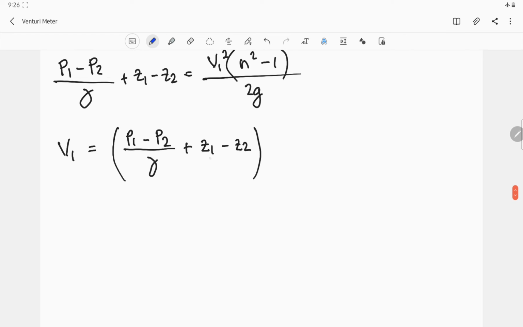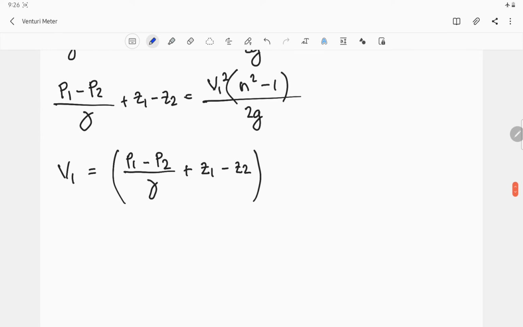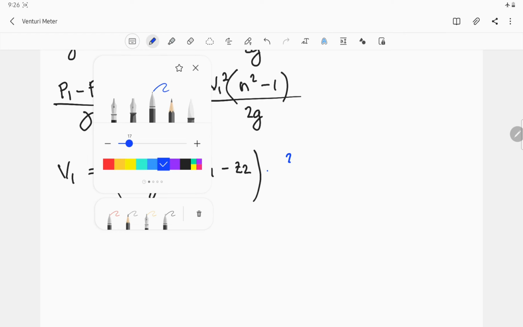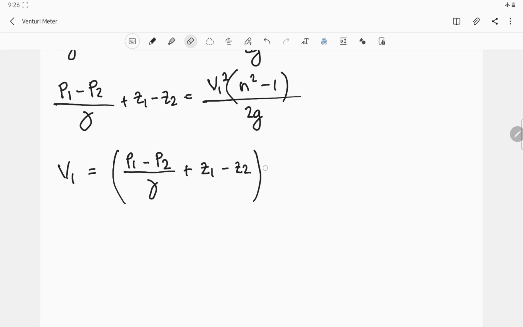This time we will include Z1 minus Z2, multiplied by 2G, over N squared minus 1, then square root.